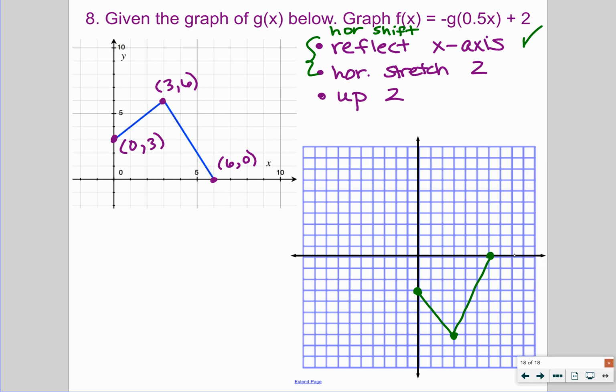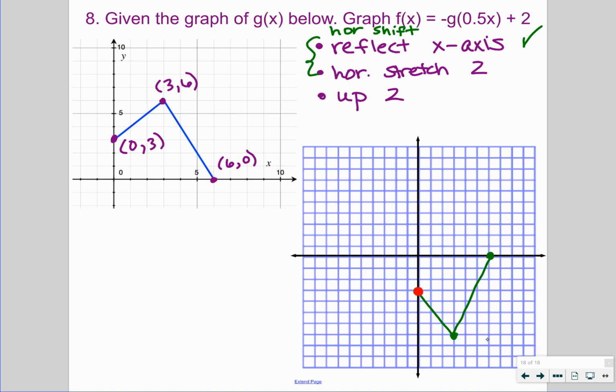Second thing I need to do is a horizontal stretch by 2. So horizontal is left, right. If I'm stretching it, I'm making it wider. Think about this like our taffy, okay? Now, this first point is already on the y-axis. It's 0 units away from the y-axis. So if I pull it twice the distance, it's still at 0. That guy's not moving. But the one at the bottom is how far away from the x-axis? 3. So we're going to multiply that by 2.